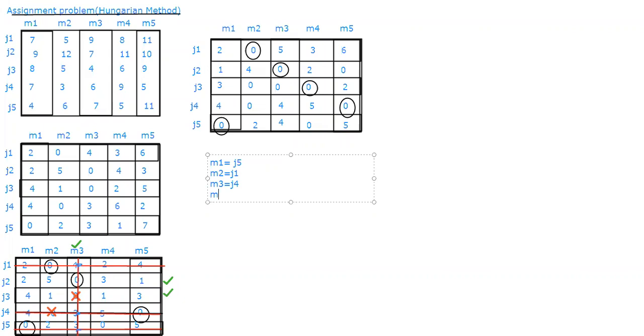Then machine 4, we assigned J5. And then machine 5, we have assigned J5. So like this we have assigned it.